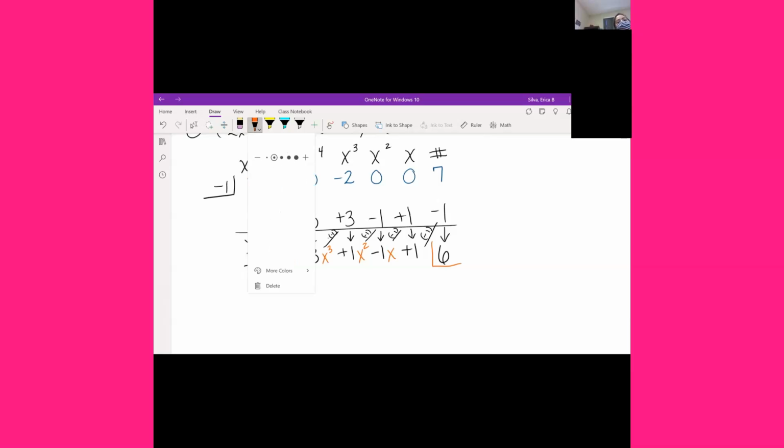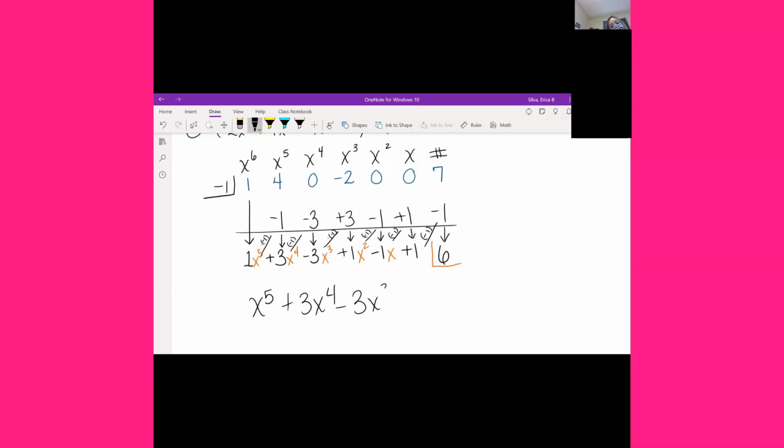Hopefully you got the answer of x to the fifth plus 3x to the fourth minus 3x to the third plus x squared minus x plus 1 plus 6 over x plus 1.